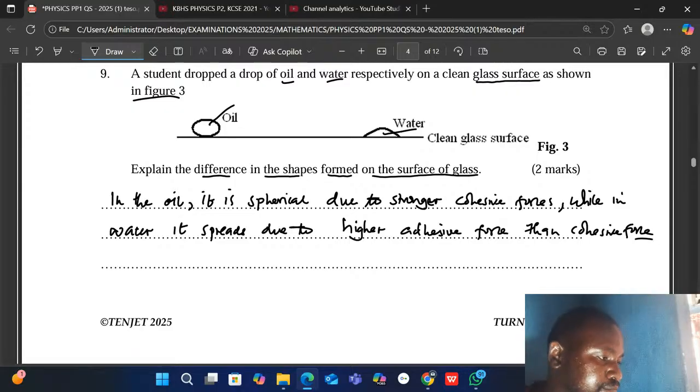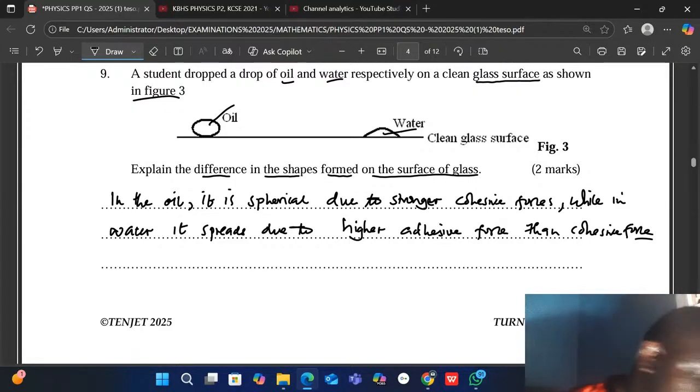Like that. So the comparative terms must be used where necessary.